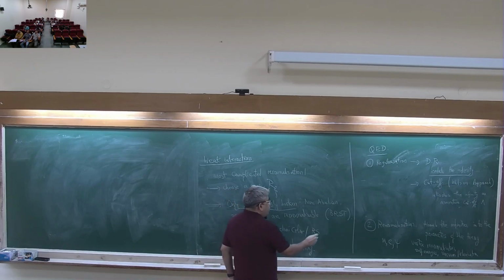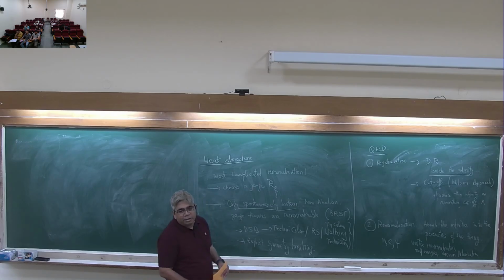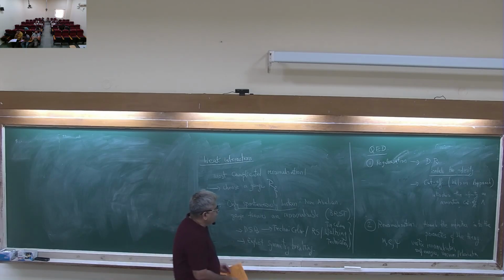And there are newer versions of it called walking technicolor. Top color. So many variations are there. The Higgsless models are a version of Randall's technicolor models. Okay, let me.